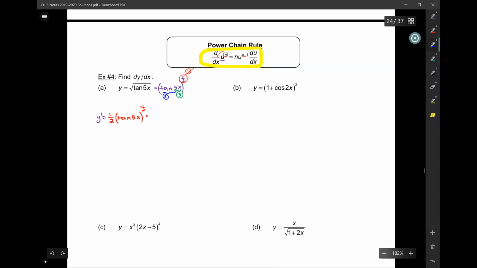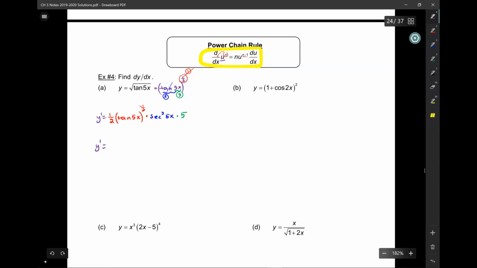Next I have tangent 5x, which is secant squared 5x, right? The whole darn thing. Times the derivative of the 5x, which is 5. Yeah, exactly. You see why it's called the chain rule? Because it's literally like chained. And then you just multiply them all out.